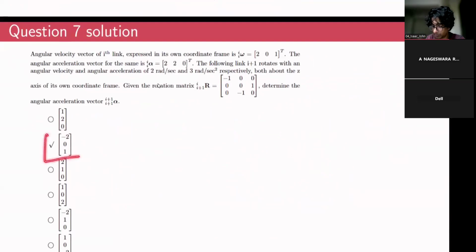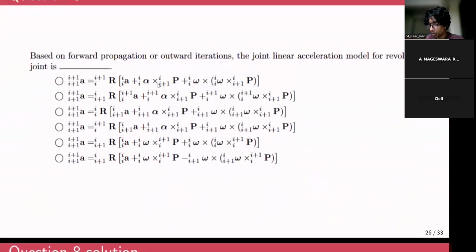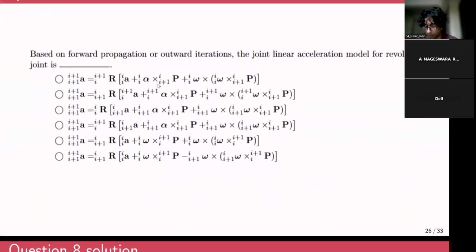The option is indeed option B. Moving on to question 2, again, this is asking about the forward propagation of linear acceleration, right? So we essentially know that the linear acceleration of I plus 1 would be the linear acceleration of the ith component, plus we have a tangential component, alpha I cross I plus 1.